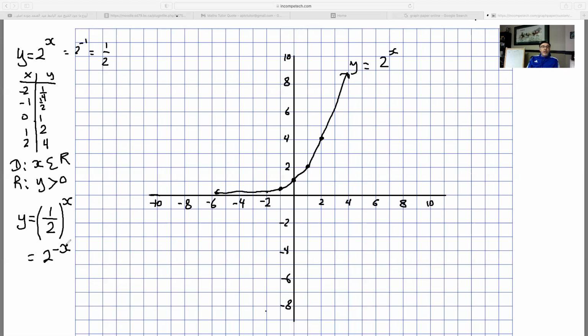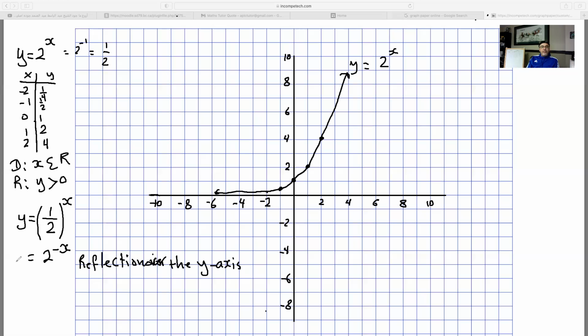So if you want to graph 2 to the -x compared to y equals 2 to the x, it's a reflection in the y-axis, or a reflection over the y-axis.